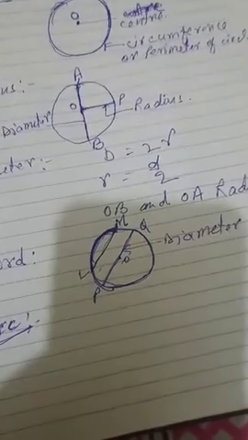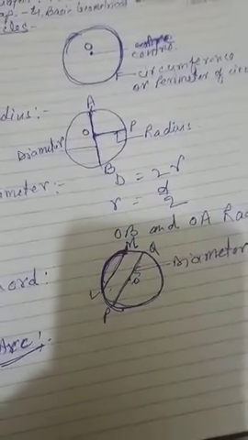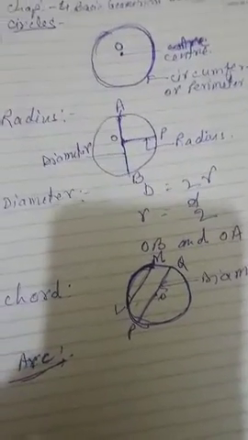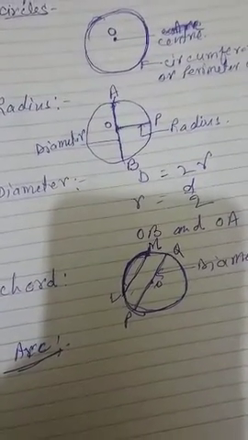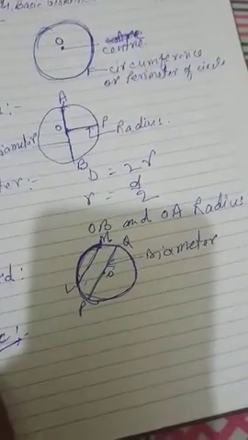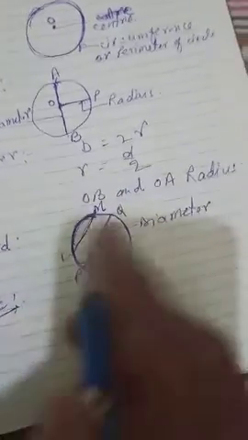Interior and exterior of the circle. A circle divides the plane into three parts. First is the interior of the circle. The region inside the circle is called the interior of the circle. The circle and its interior make up the circle region.